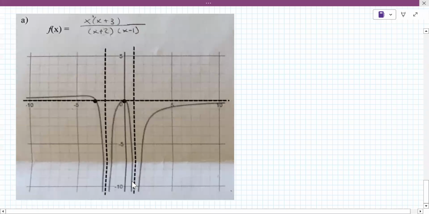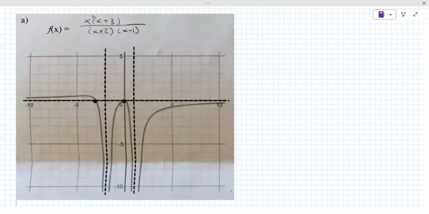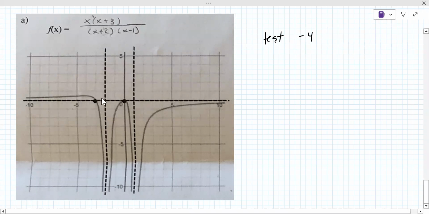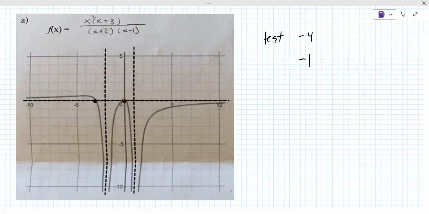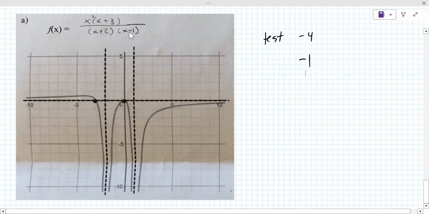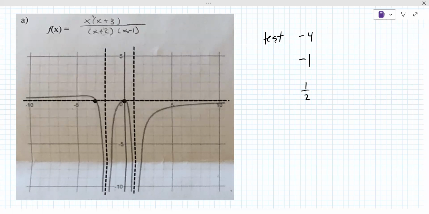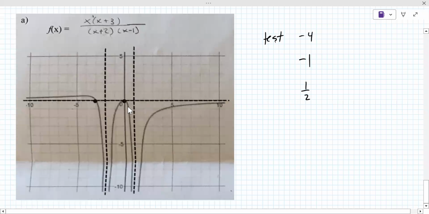This one, not sure about. So we really should have tested points in each of those regions. Because we don't have enough information, we should test something like -4, something between -2 and 0, so like -1, and then something between 0 and 1, so like 1/2, which isn't great, but actually we can get away with just the -1.